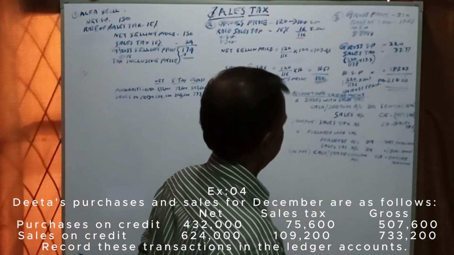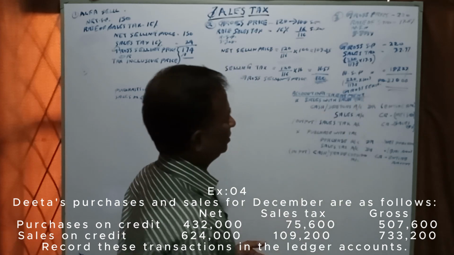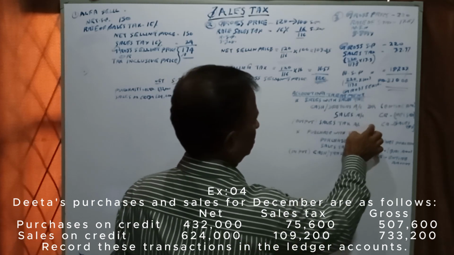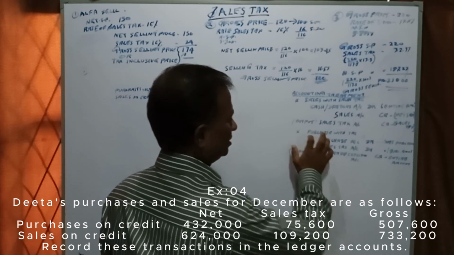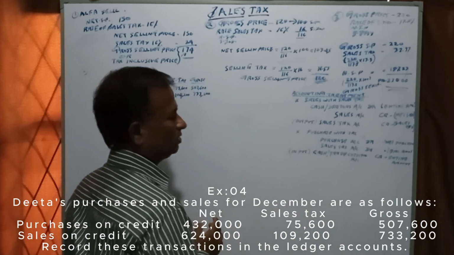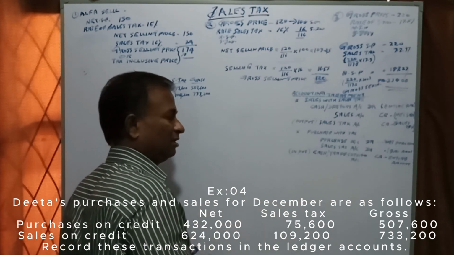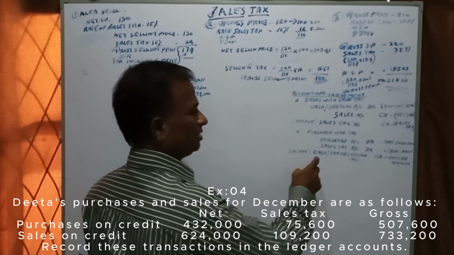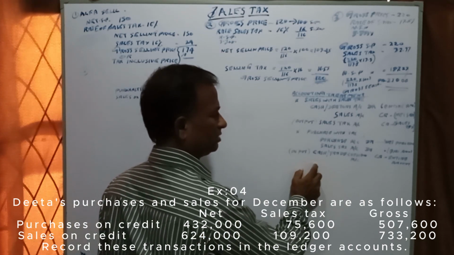So sales with the sales tax, and this is the output tax amount, right? In the purchases, with the purchase also we have the tax element, because our seller is doing the sales, he is charging the VAT, sales tax, right?